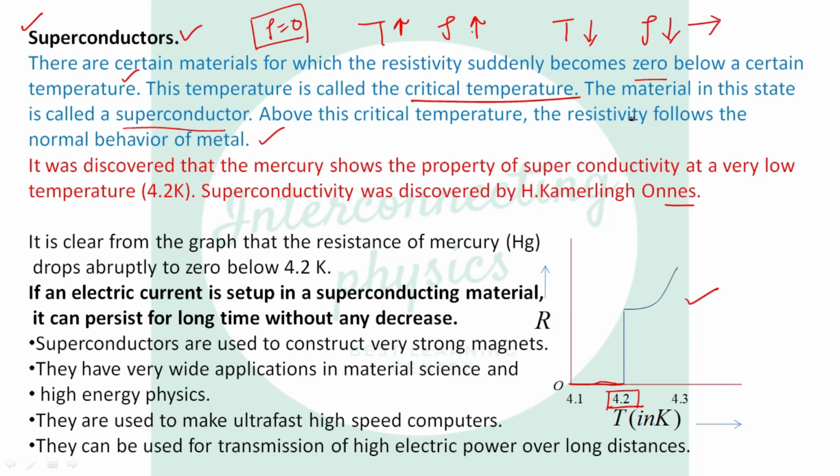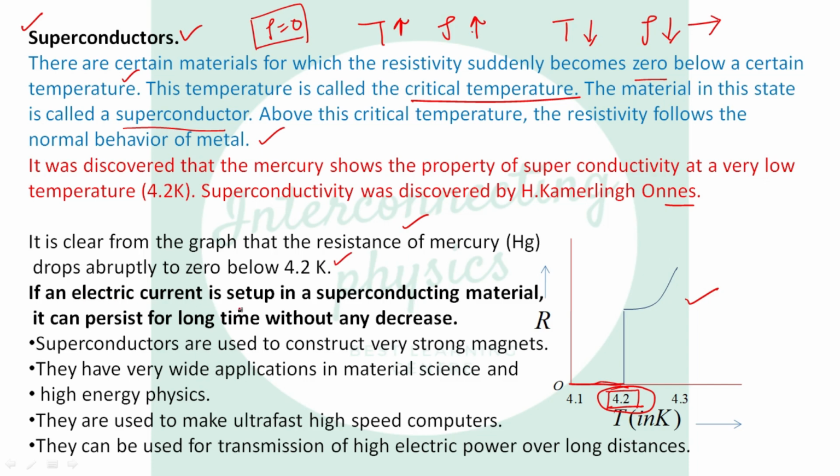That is why this line is saying above this critical temperature the resistivity follows the normal behavior of the metal, that is above critical temperature if temperature increases resistance or resistivity increases. But at critical temperature, that is 4.2 Kelvin, which is very low for mercury, the resistivity becomes zero. So it is clear from the graph that resistance of mercury drops abruptly to zero below 4.2 Kelvin.